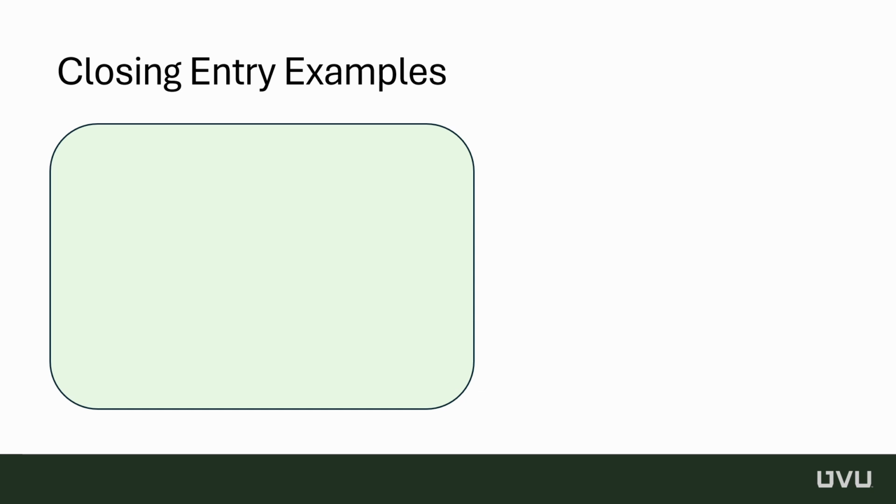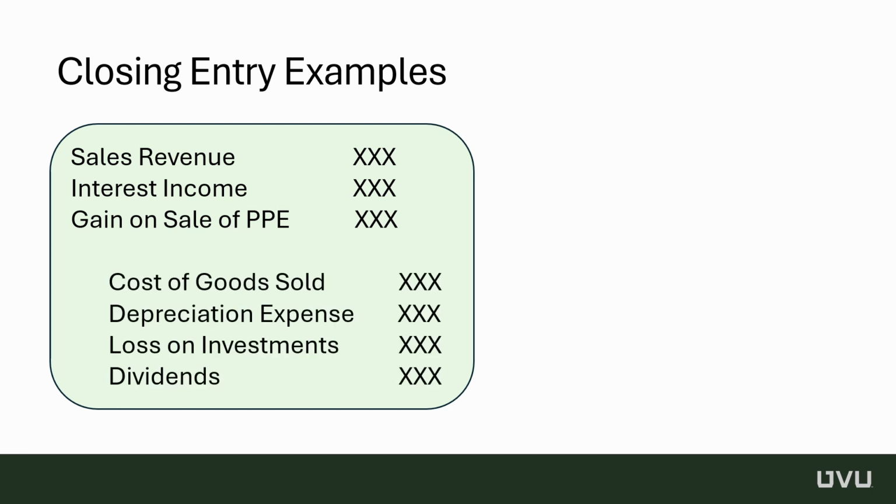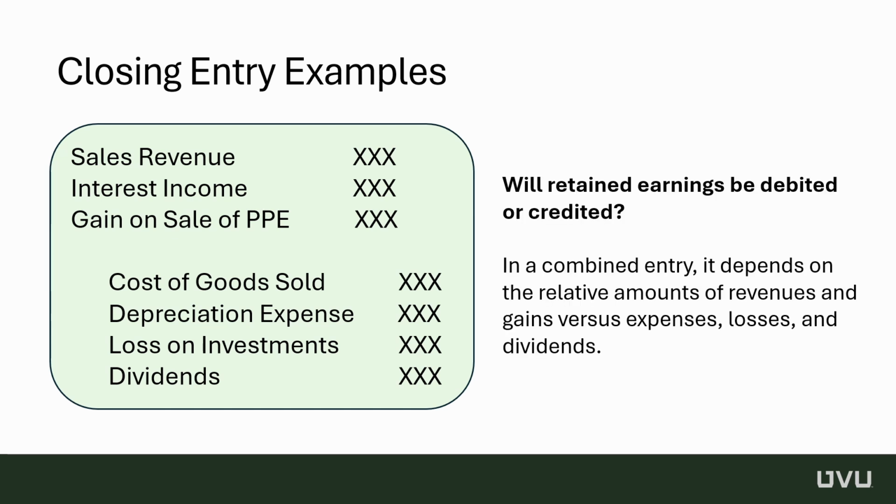We could also combine all of these closing entries into one singular journal entry, debiting all income increasing accounts, crediting all expenses and dividends, and then looking at this, will retained earnings be debited or credited? Well, in a combined entry, it depends on what the numbers are, on the relative amounts of the revenues and gains versus expenses, losses, and dividends.